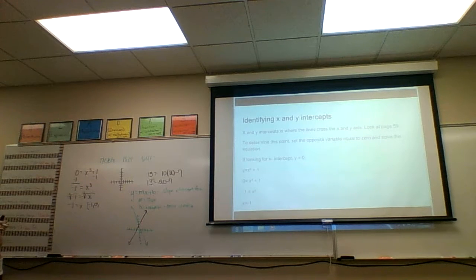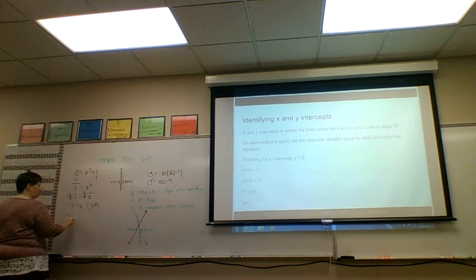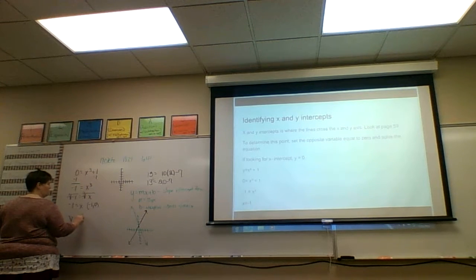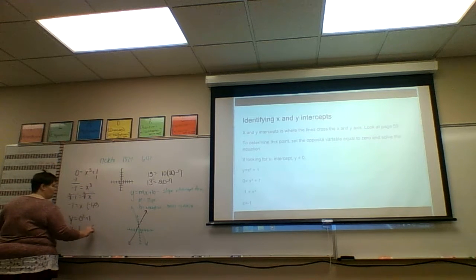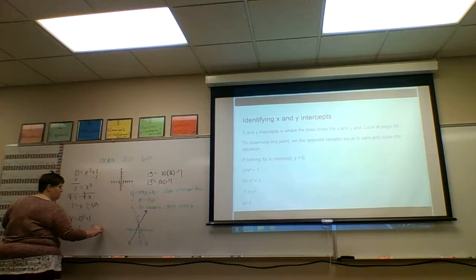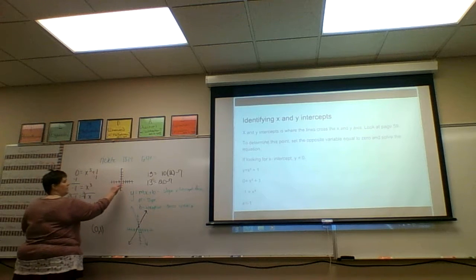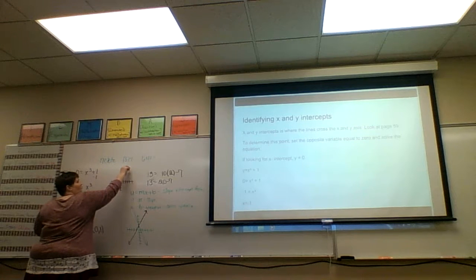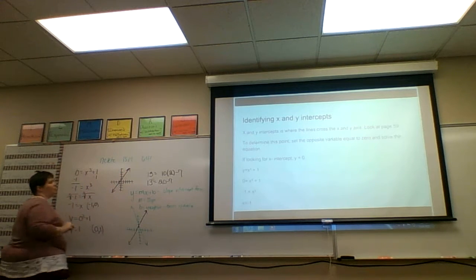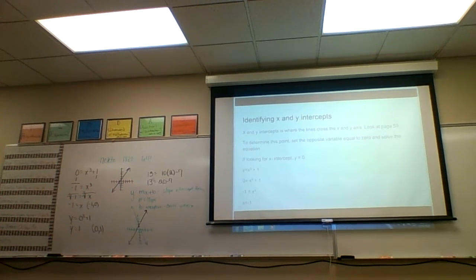Then I'm going to find the other one. I'm going to set X equal to 0. So it is going to cross over at 0, 1. Right there would be my graph using my intercepts.